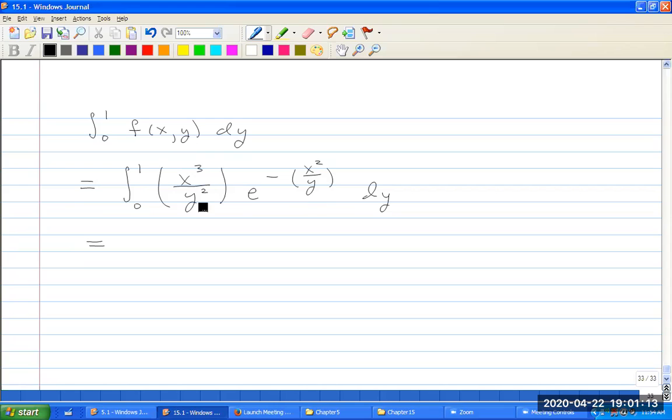The integral of x squared over y squared e to the negative x squared over y is just e to the negative x squared over y. And so this integral here is just x e to the negative x squared over y, evaluated between y equals 0 and y equals 1.